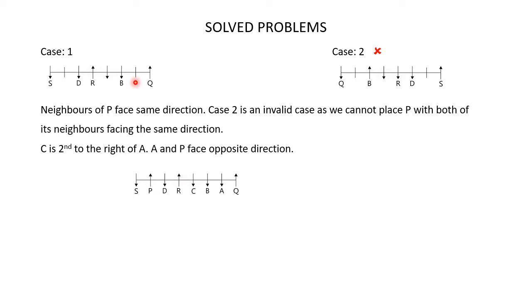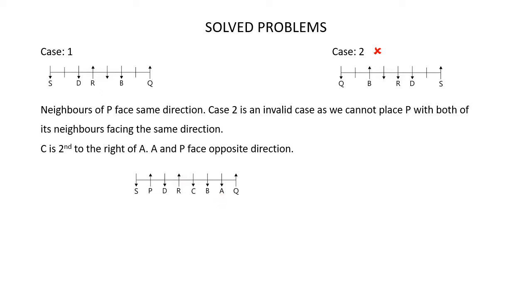So if C has to sit to the right of A, then A has to be facing south. Only then the second to the right of A will be this position which can be occupied by C. So place A here facing towards the south.